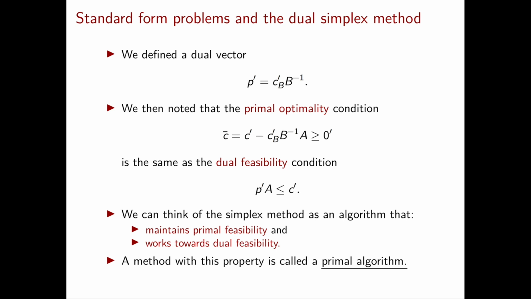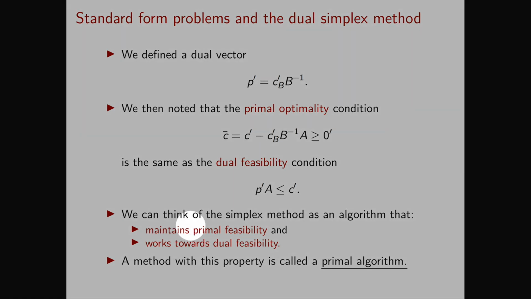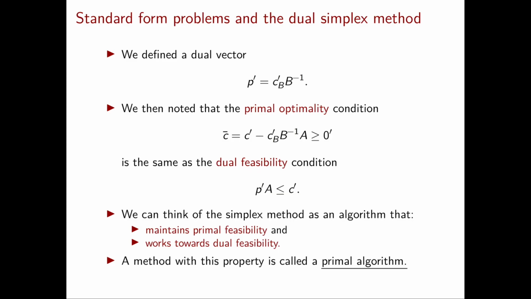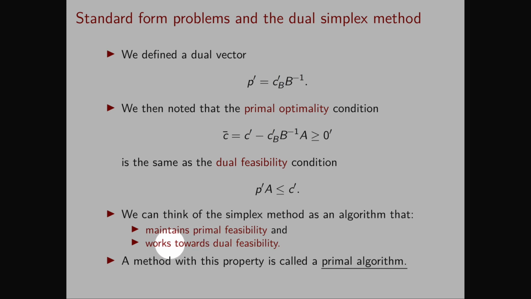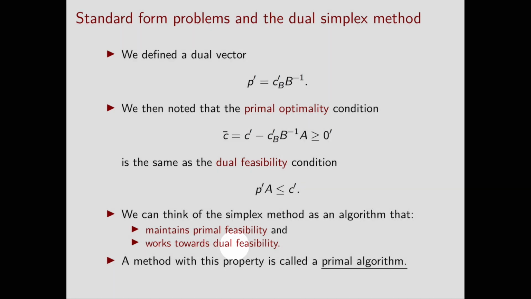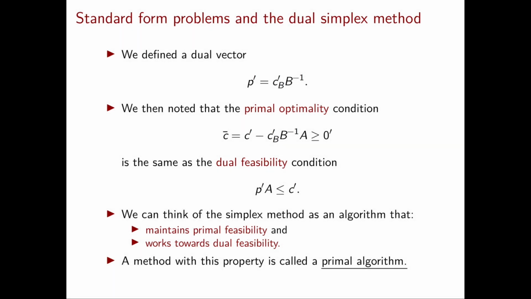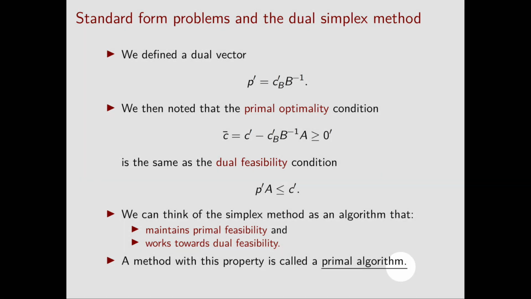So far, we always thought of the simplex method as an algorithm that maintains primal feasibility and works towards optimality. Based on our observation, now we can say that the primal simplex method equivalently maintains primal feasibility and works towards dual feasibility. A method with this property is also called a primal algorithm.